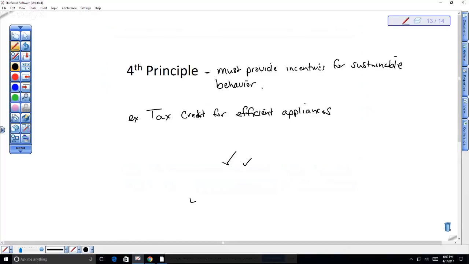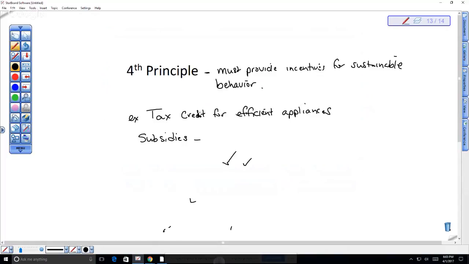And then we have something that goes along with this, which is the idea of subsidies. Okay, so a subsidy is a benefit given by the government to individuals in the form of a cash payment or tax reduction.